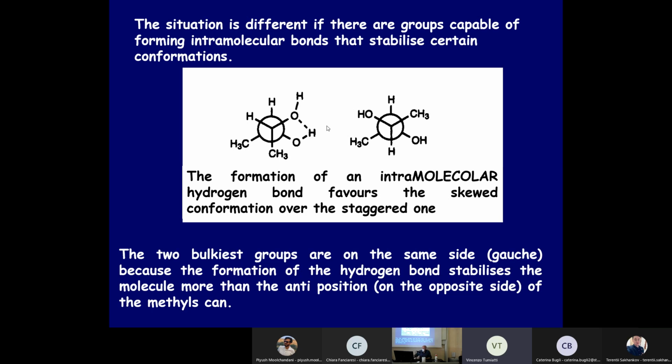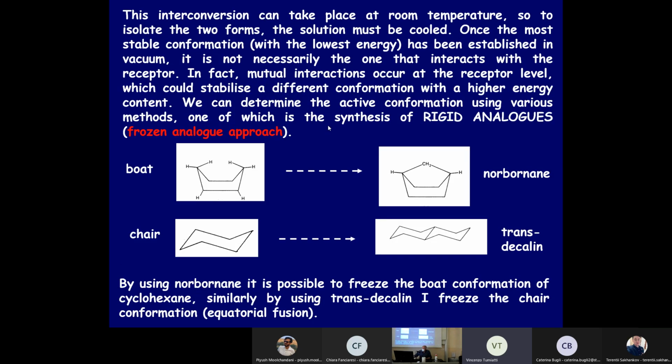Okay. But how can we block a particular conformation in order to have a more potent agonist, for example, or a more potent antagonist?